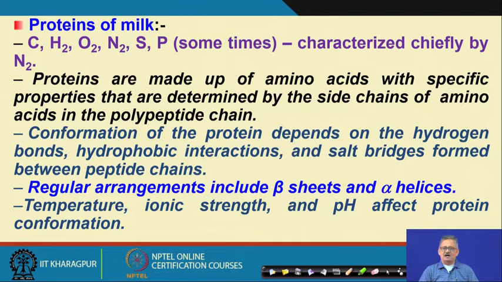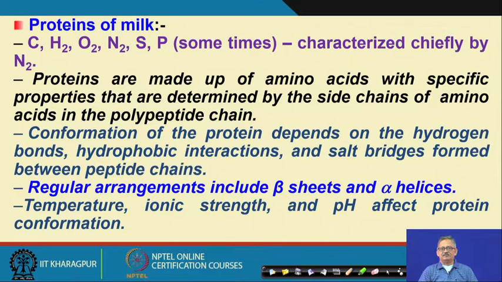These are all no longer Greek to us because we have completed them, right. And conformation of the protein depends on the hydrogen bonds, hydrophobic interactions and salt bridges formed between peptide chains.